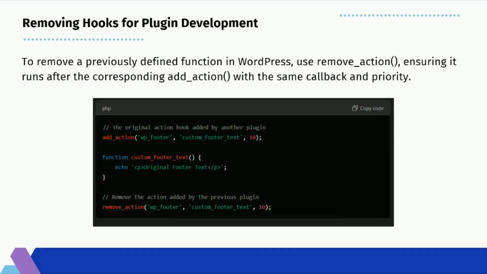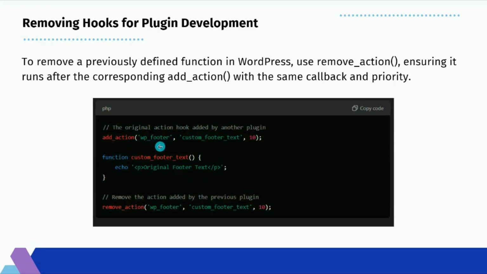Next, removing hooks for plugin development. To remove a previously defined function in WordPress, use remove_hook and remove_action, ensuring it runs after the corresponding add_action with the same callback and priority. As you can see on the image attached, this is the example code.